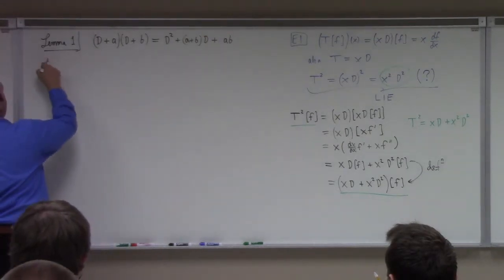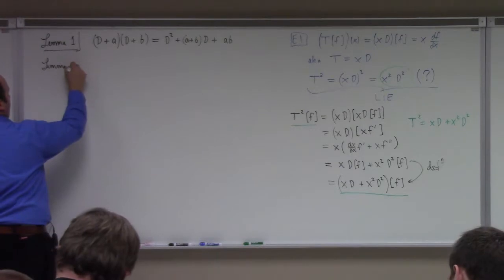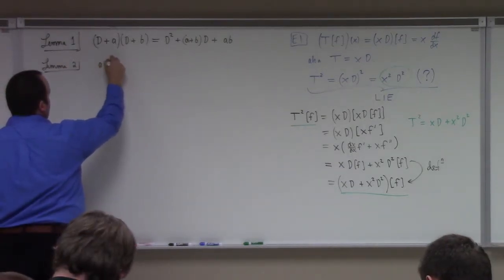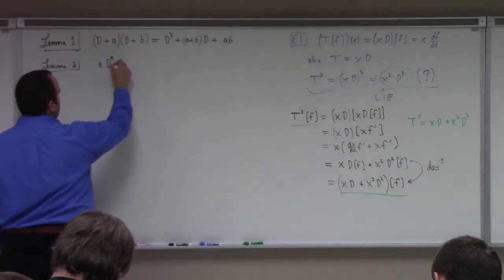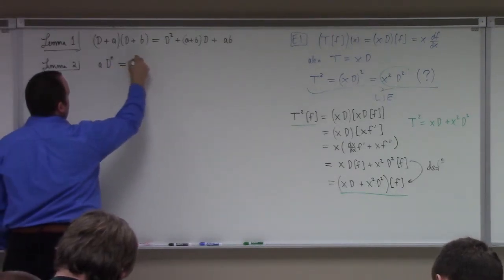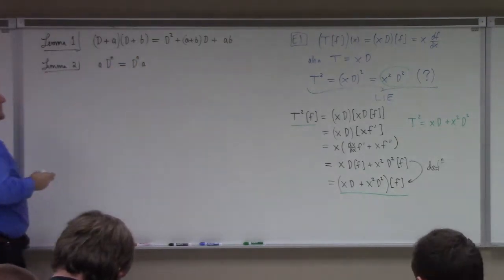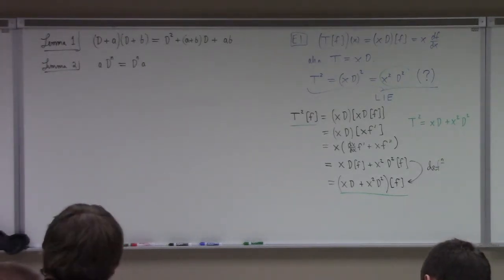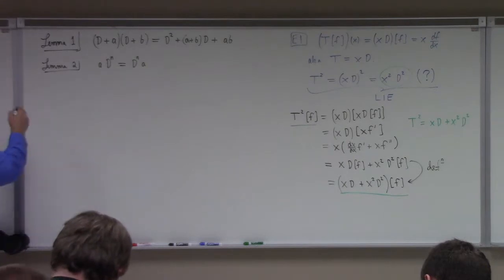Lemma 2. If we have A times D to the n, it's equal to D to the n times A. Right. Lemma 3.